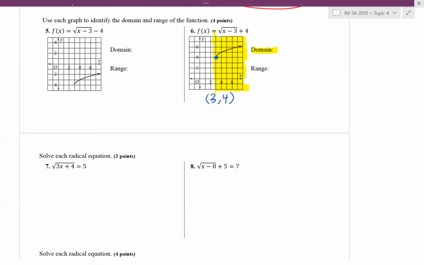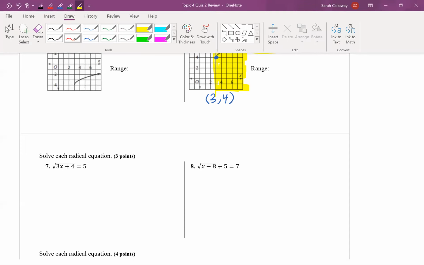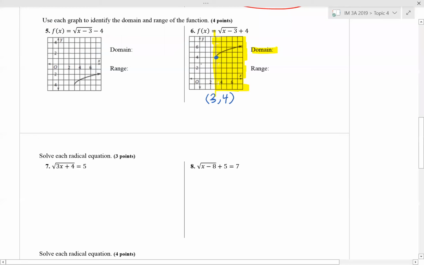So as soon as I plug in a number like 2, 2 minus 3 would be -1. So if I were to plug in 2, I would have an i plus 4, which isn't on the real axis. And so that means that my domain starts at that value of 3 and goes on forever.